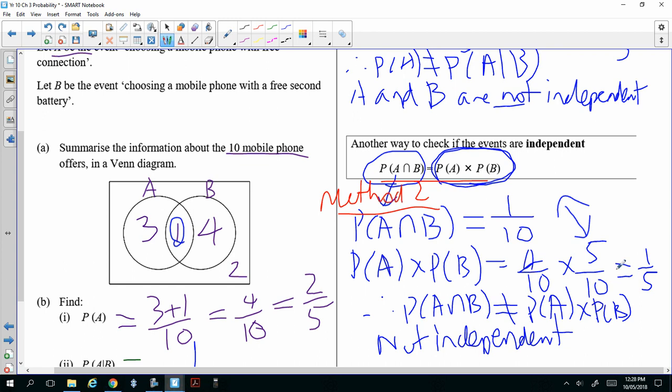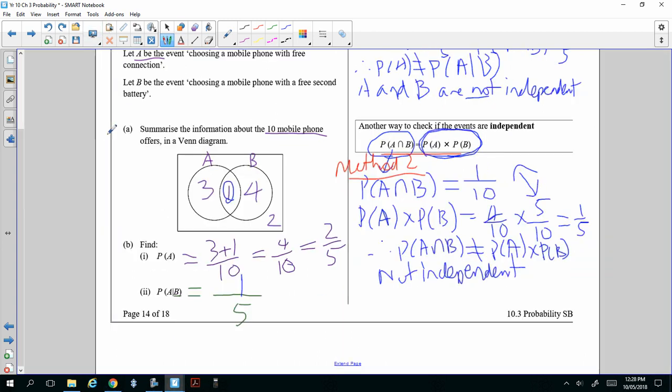Now, where does that formula come from? Let me show you.